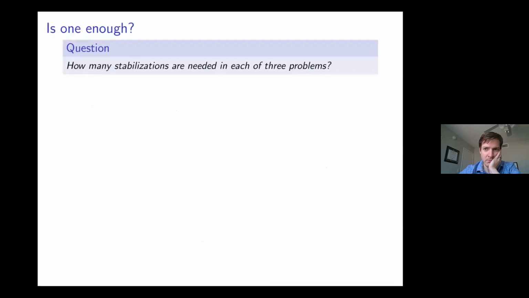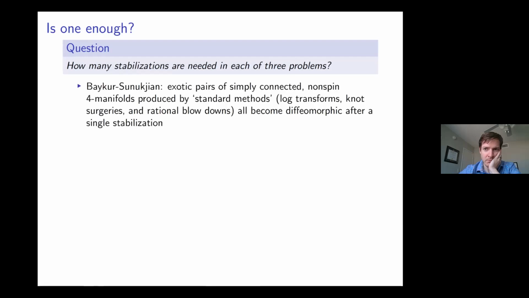I hope the discussion so far makes this question natural: how many stabilizations do we actually need in each of these three problems? There has been a lot of significant progress in understanding this question, and let me give a few of them.